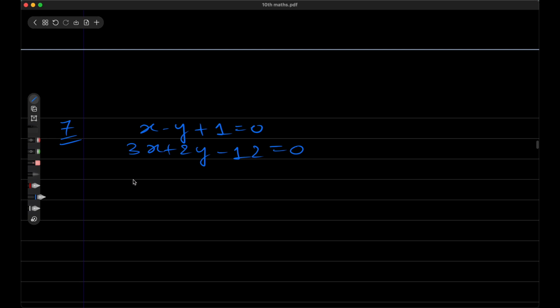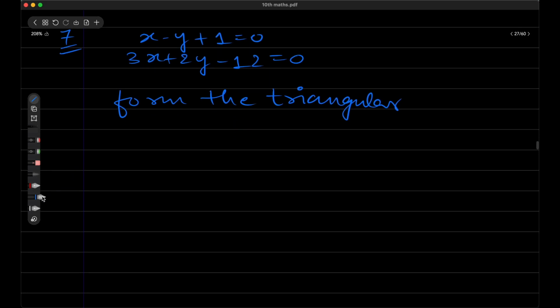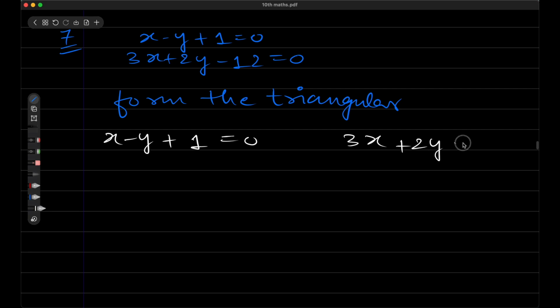We have to form the triangle. The equations are x minus y plus 1 equals 0 and 3x plus 2y minus 12 equals 0.